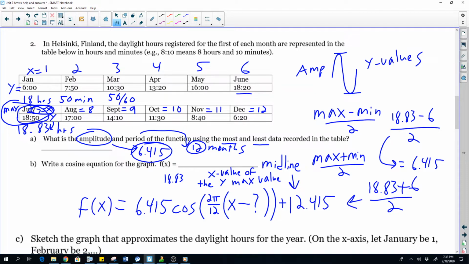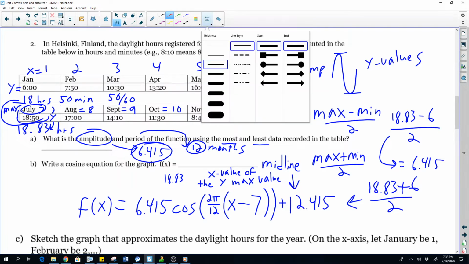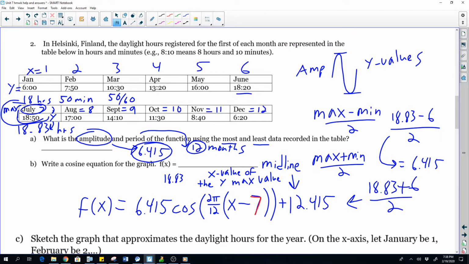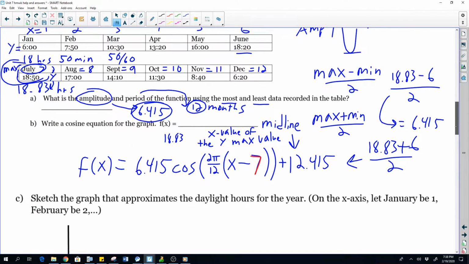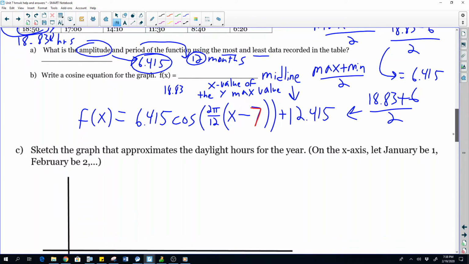And so the x value that goes with that is July, and July is the 7th month. So we are going to put not a 1 on this problem, it's actually going to be a 7. That one's supposed to be rad. Sorry. Okay, so that's where that one is. So there's the function now. Beautiful.